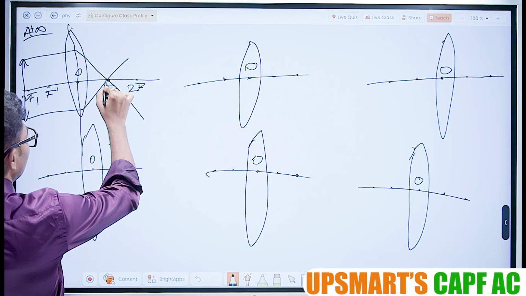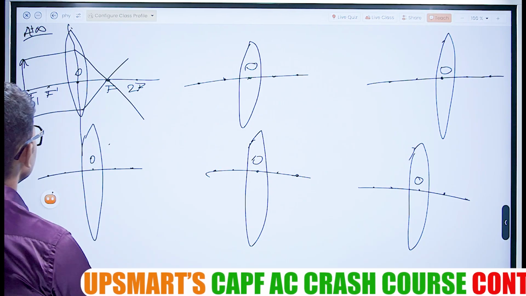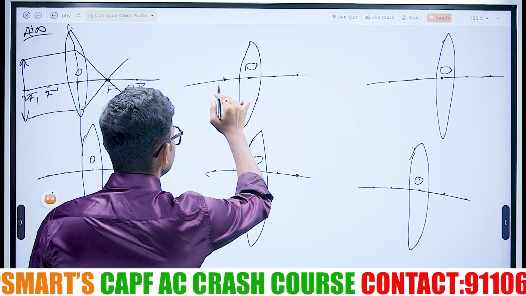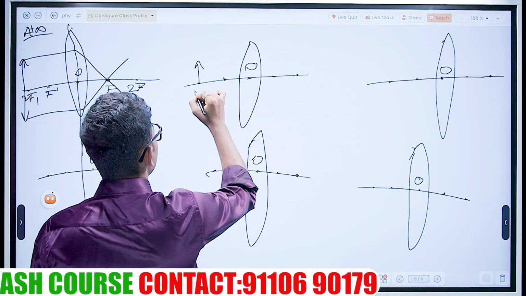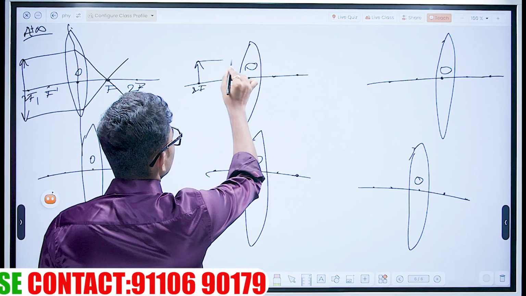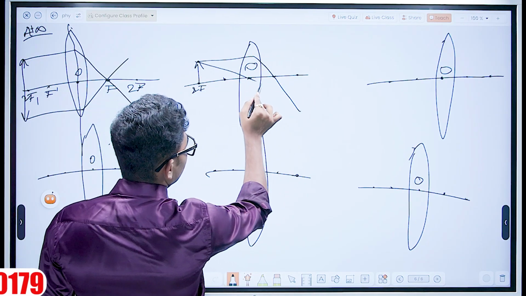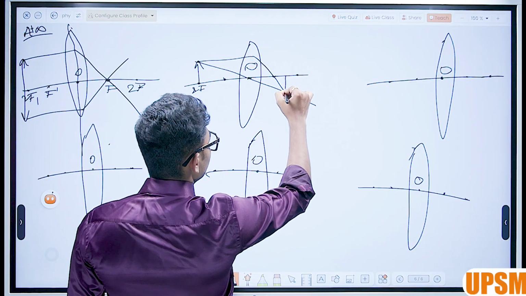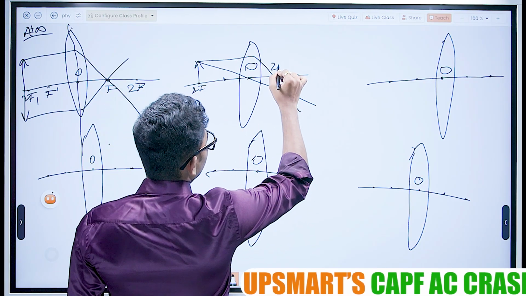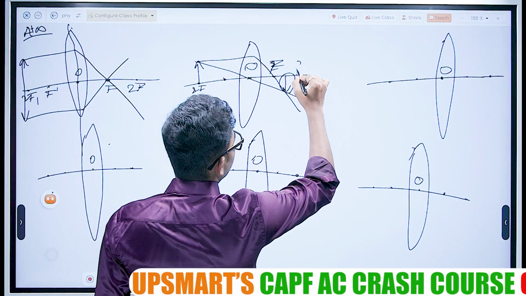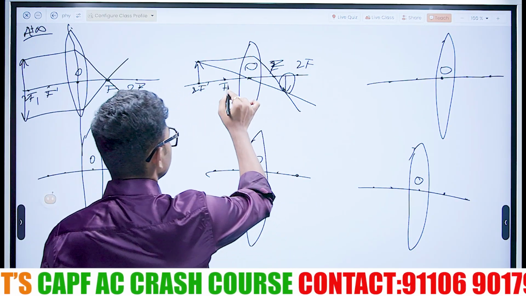Then the image is formed here. Then the same here, at 2F, it will converge, and a ray will pass through the optic center. The image is formed between F and 2F. This is 2F dash, this is F dash.